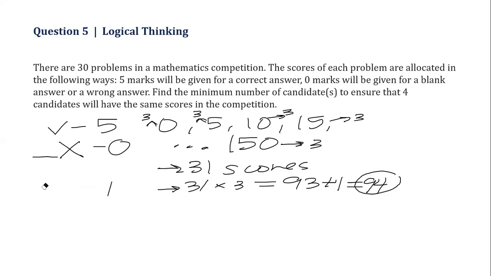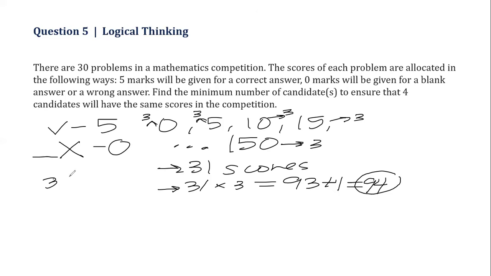I'll start over. We need the minimum number of students, and sure, we can technically just do 31 times 4, but that's not exactly the minimum number of students that we need to satisfy the condition in the problem.